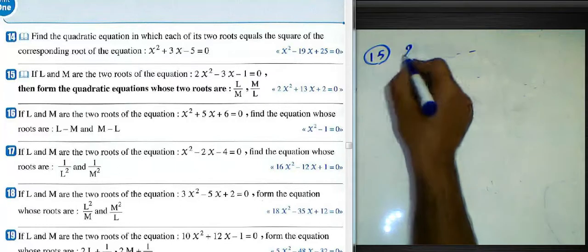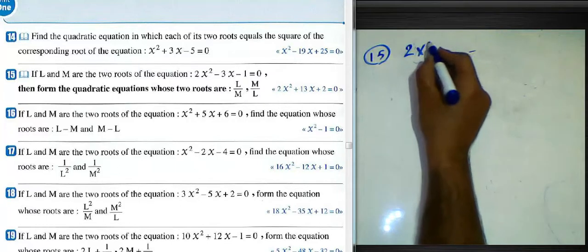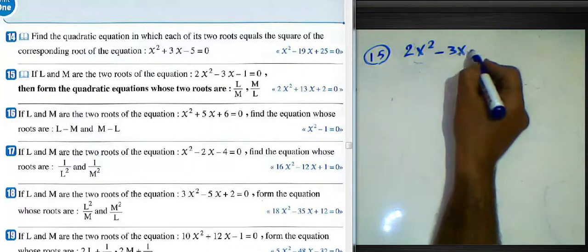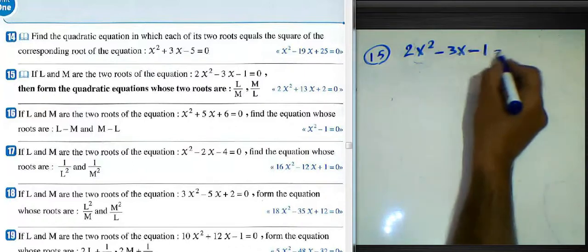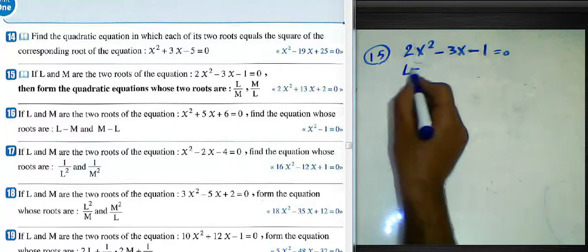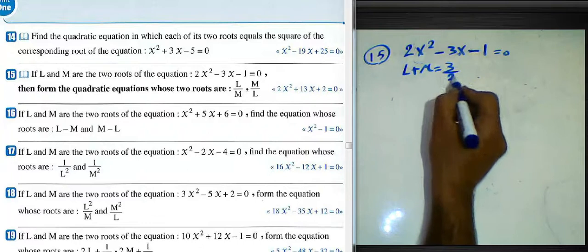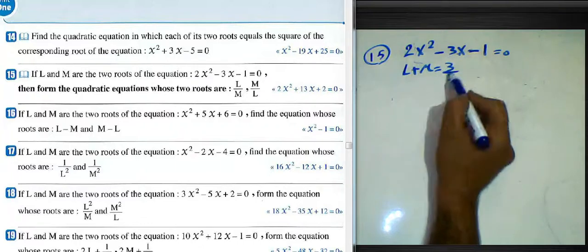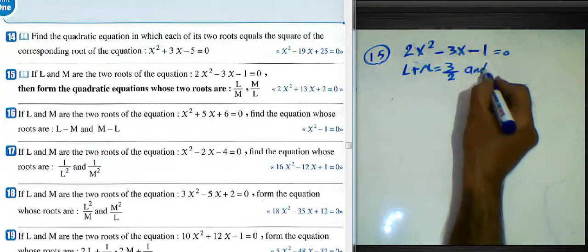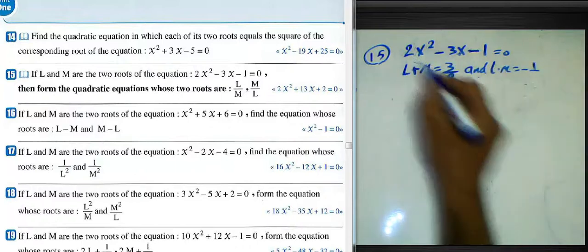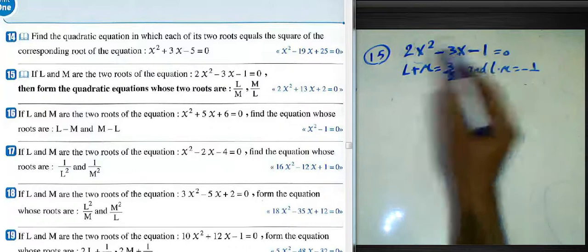The equation was 2x power 2 minus 3x minus 1 equal 0. We know L plus M equals 3 over 2, negative coefficient of x over coefficient of x power 2, and L product M equals negative 1 over 2, meaning the constant over the coefficient of x power 2.